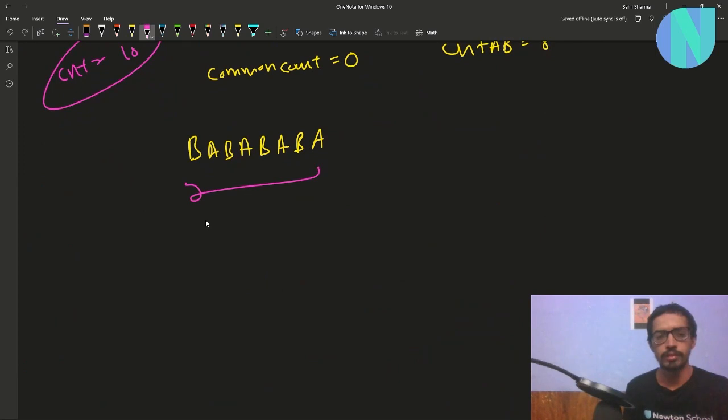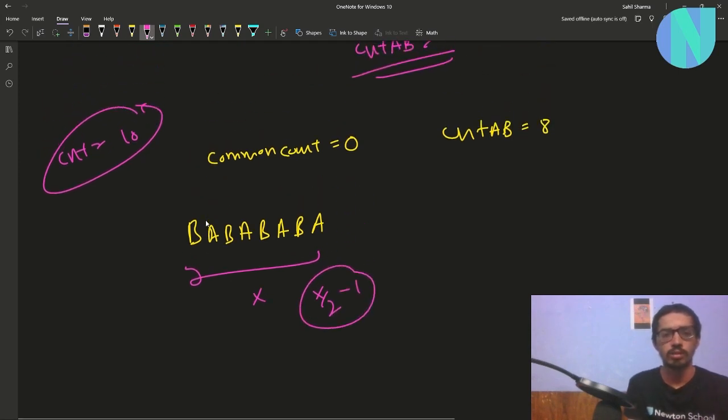If the length of this string is x, then I can take at most x by 2 minus 1 strings from this. So now I can iterate over all my unused BA strings, because I must have used some BA strings in my count BA. So now I can iterate over leftover BA strings and try to accomplish my count from that.